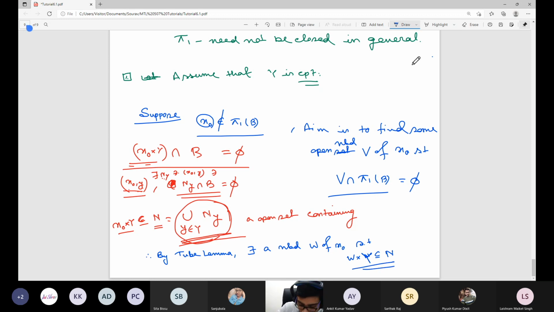Tell me one thing. What is the intersection between N and B? Can we say N intersection B is empty? Yes.